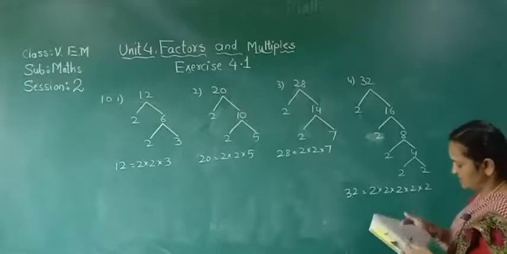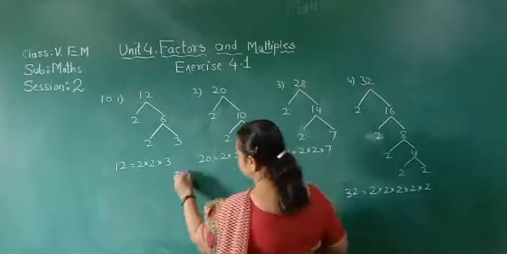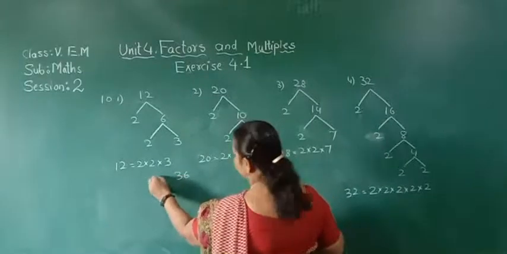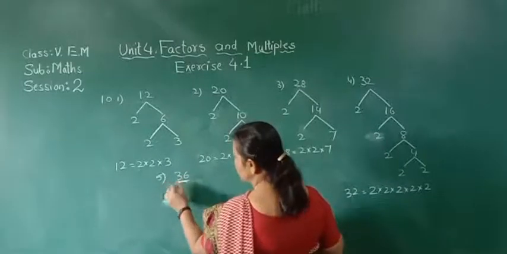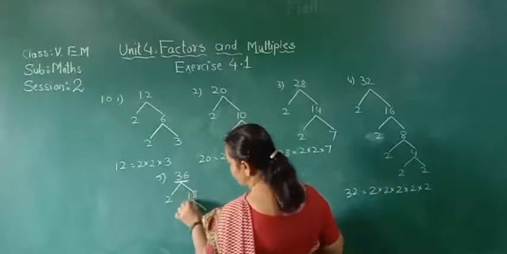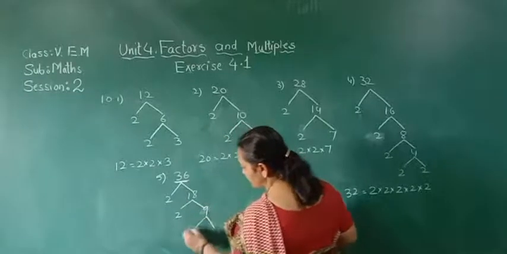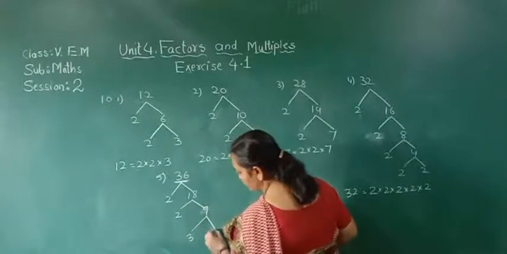And last number after 32, it is 36. That is the fifth one. So here 36, it is 2 18s, then how do we write 18? 2 9s are, then this 9 we write 3 3s are.